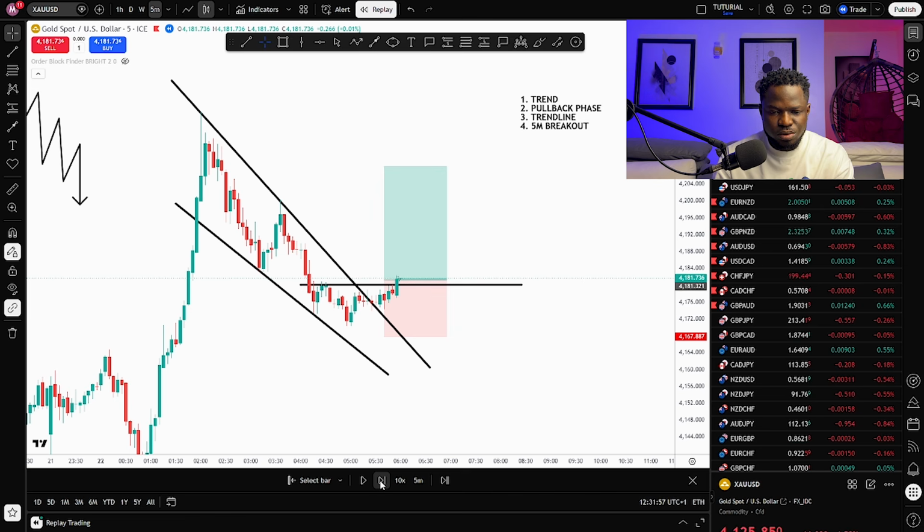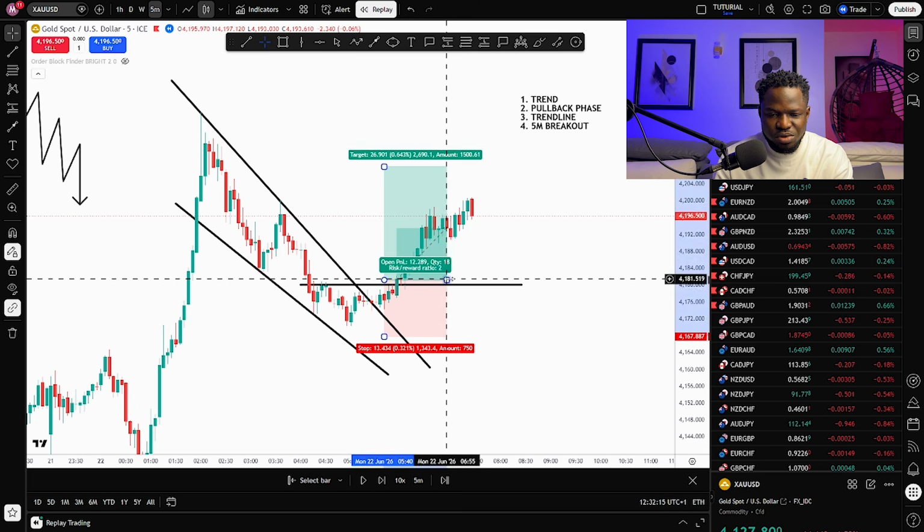So let's continue to play the candlestick. Right now, the price action is moving towards our profit zone, right? So without wasting our time as a trader, don't spend so much time. Just target a ratio of 1 to 2 in the market. Let me adjust this long position too.